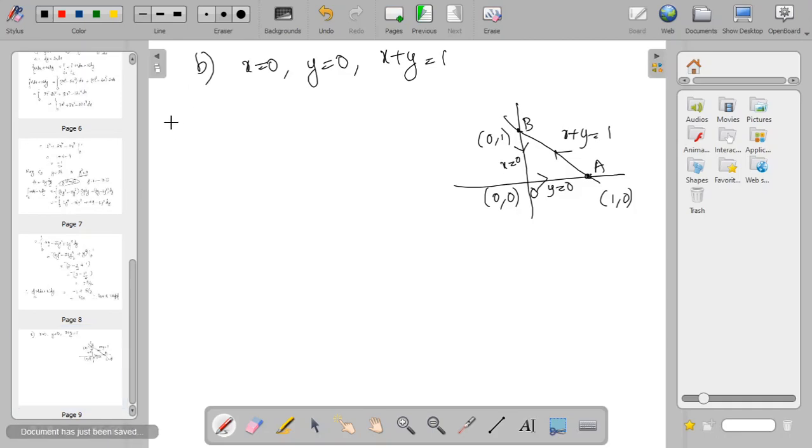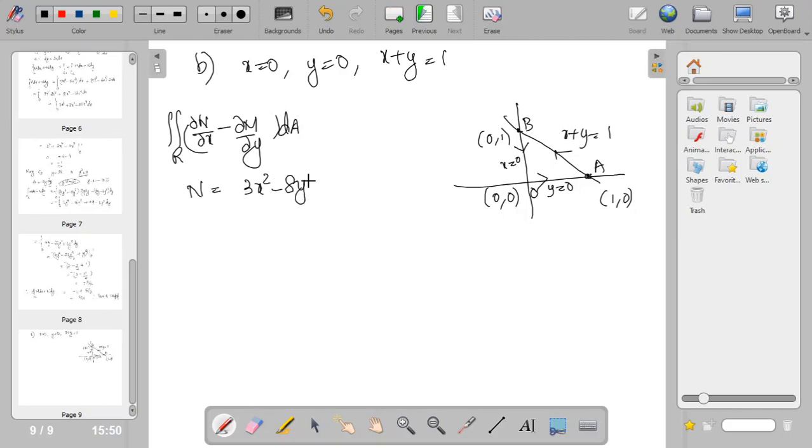Now first we will evaluate double integral over R dou n by dou x minus dou m by dou y dA. So m is equal to 3x square minus 8y square, and n is 4y minus 6xy.